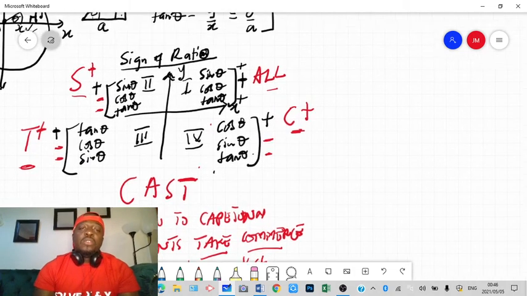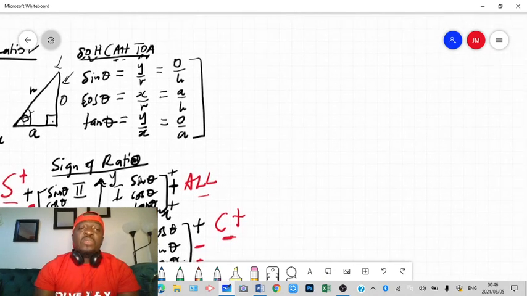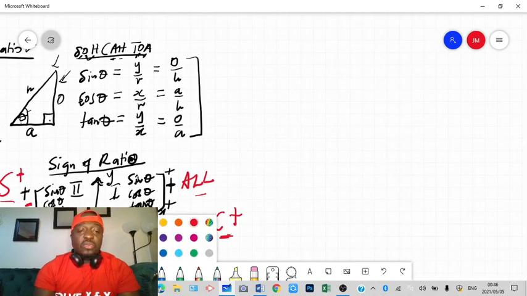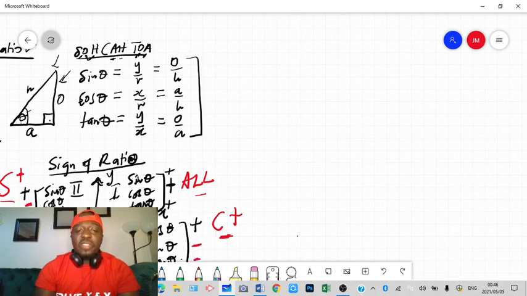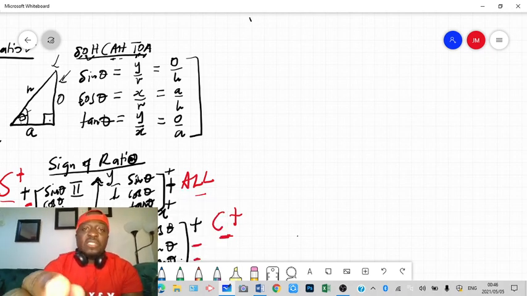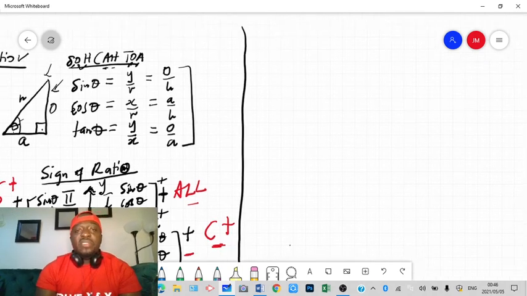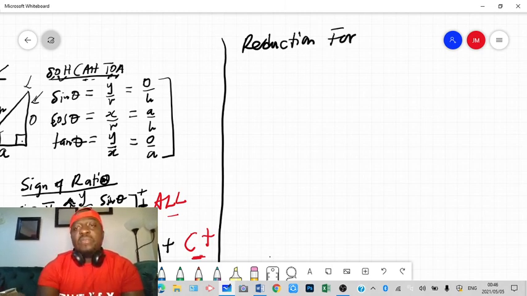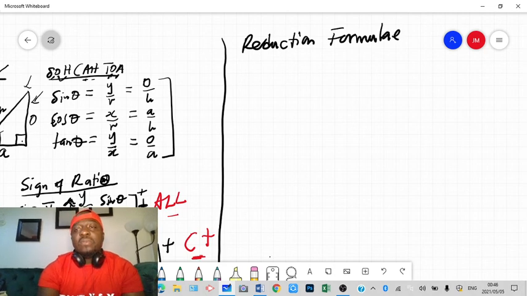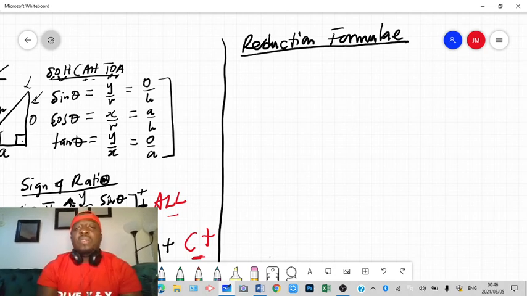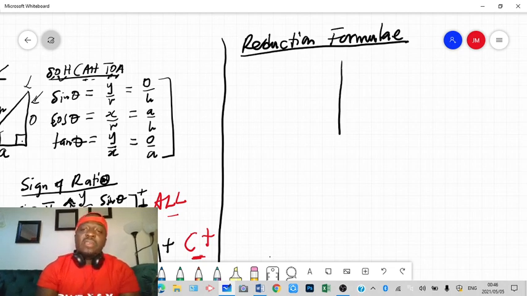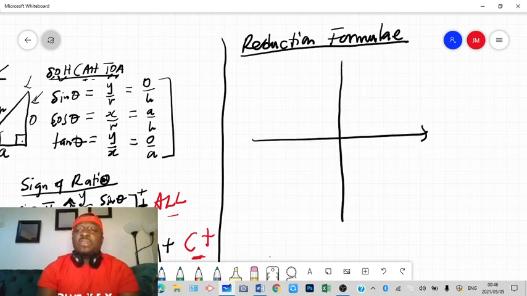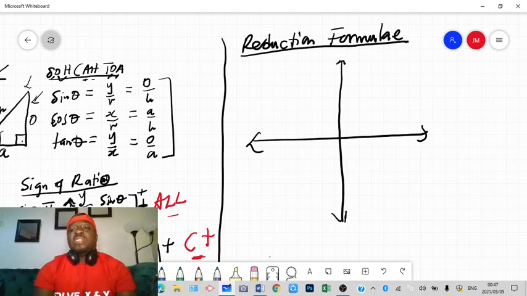Okay, so with this, I'll take you now into your reduction formulas that you would need to know in grade 11, because that is going to be highly needed in simplifying your trigonometric expressions. So again, I'm going to use the Cartesian plane to come up with the reduction formula.